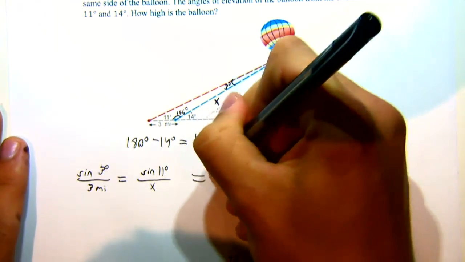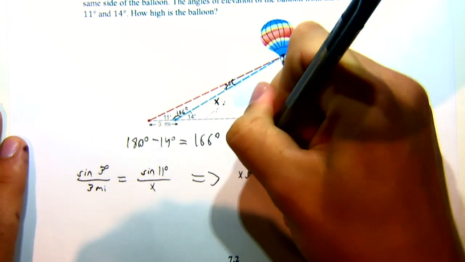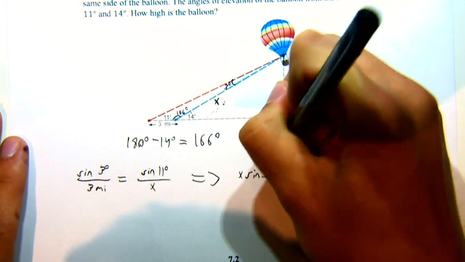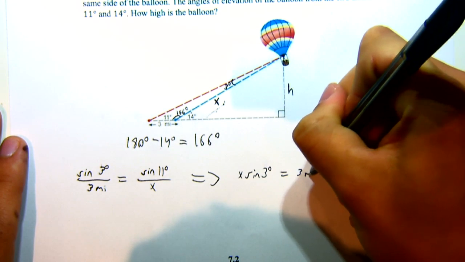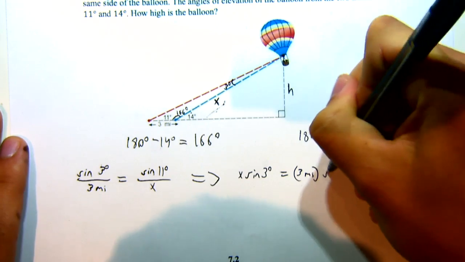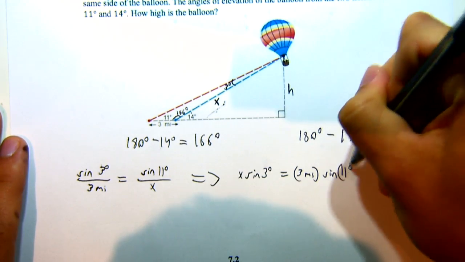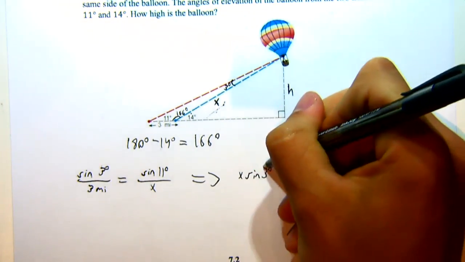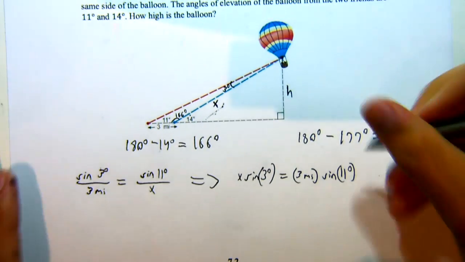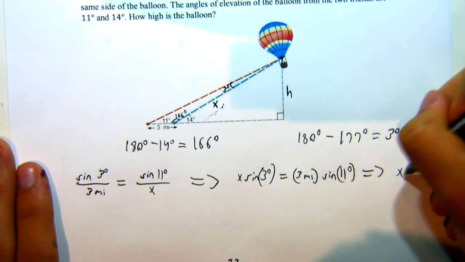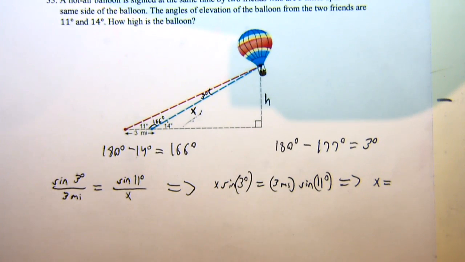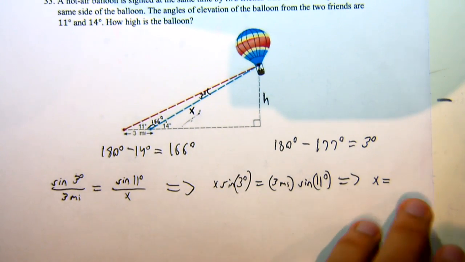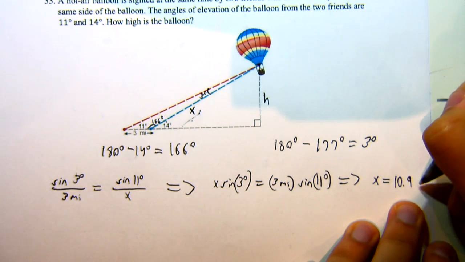Cross multiply: x sine 3 degrees is equal to 3 miles times sine of 11 degrees. Plug that in your calculator. And we get x is equal to 10.9 miles, rounded.